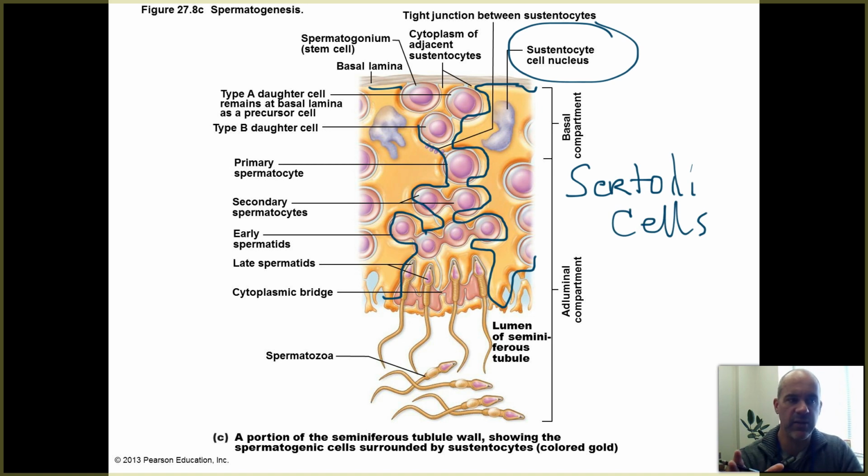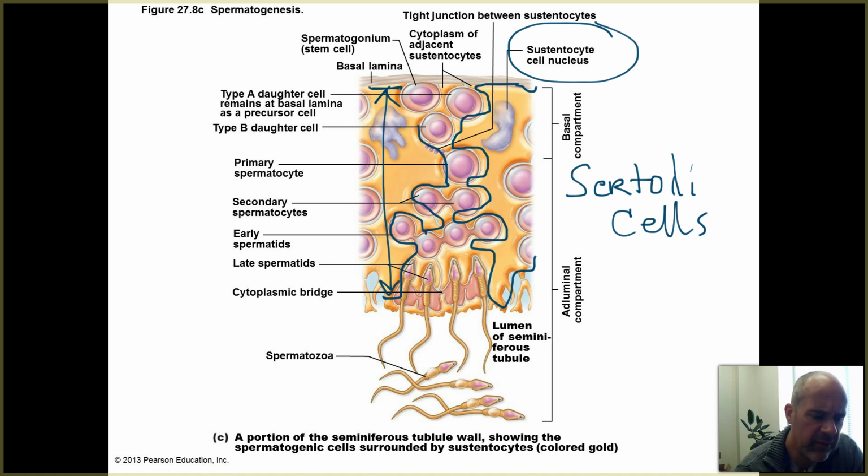So these are very large cells that make up a fair amount, if not the bulk, of the wall of these seminiferous tubules. And they're big cells, so this is one cell all the way from one end to the other. They wrap around and surround these other cells that are involved in spermatogenesis.